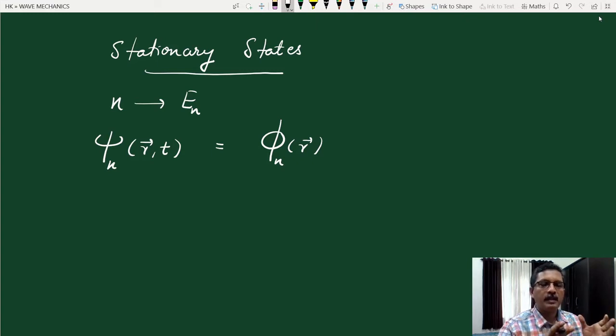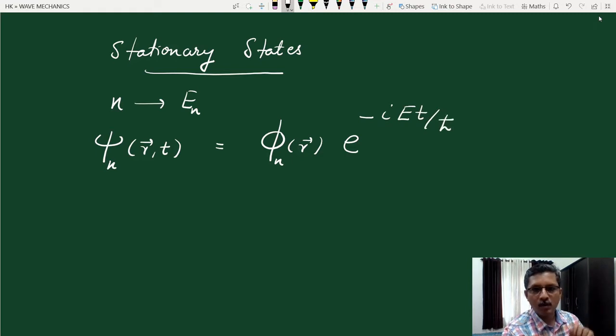See, what is the idea here? In a hydrogen atom or in any system where the potential energy is independent of time, the total wave function, the solution of the time dependent Schrodinger equation, we can write as a product of two parts, a space dependent part and a time dependent part. If we substitute this product in the time dependent Schrodinger equation, we can do separation of variables, and the time dependent part we can exclusively obtain as e raised to minus i E t by h cross.